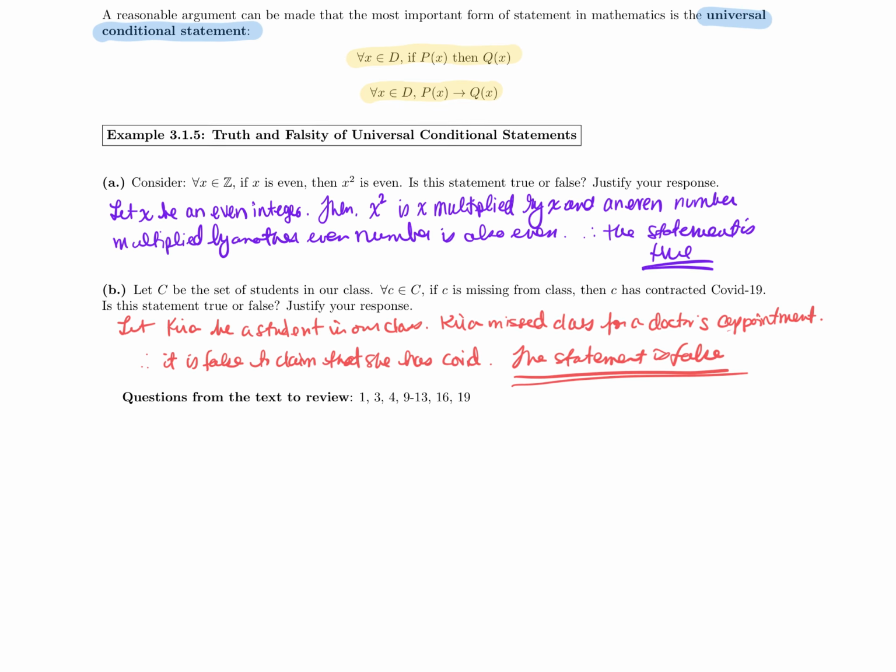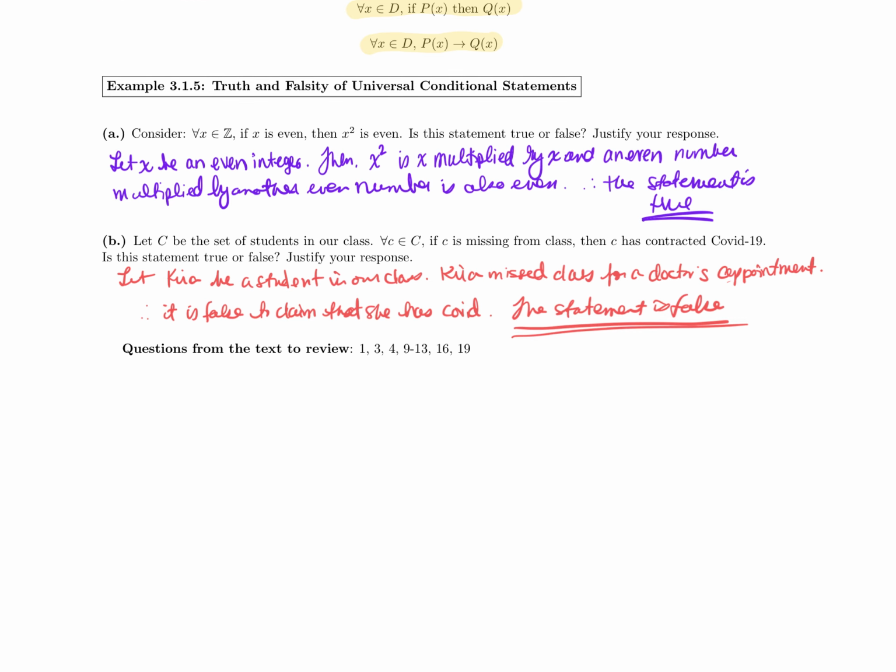So, to give you an idea of what our universal statements are going to look like as we move forward, let's say something like the sum of an even number and an odd number is odd.